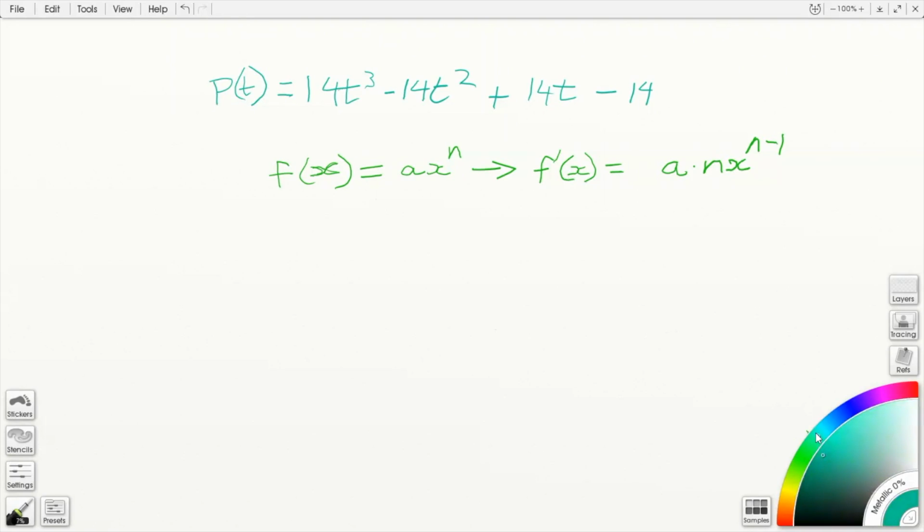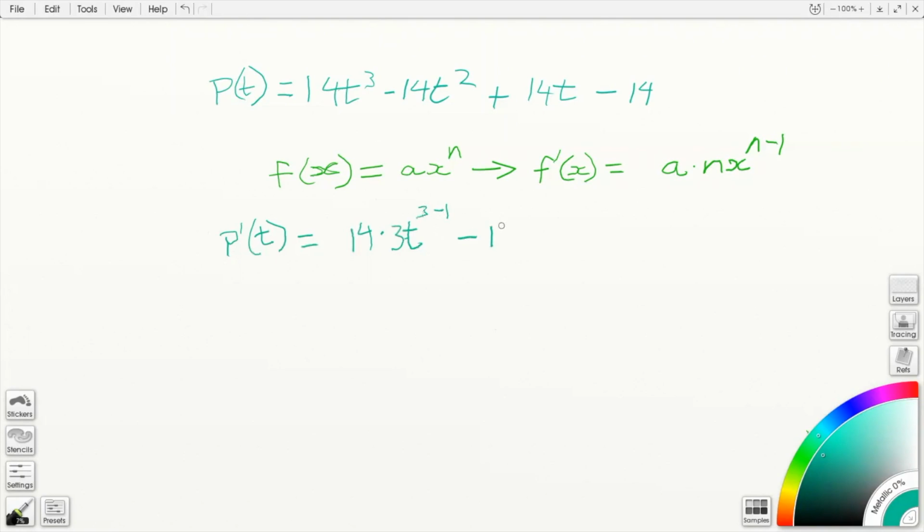So the derivative of our function p(t) will now equal 14 times by 3, as the 3 comes down, and since it's a function of t, we put t there. Now the 3 up here, we go 3 minus 1.